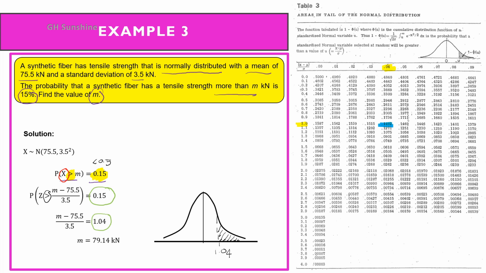So this is the shaded region. So from the normal table, 1.04, 1.0 and then 4. So this one, 0.1492 approximated to 0.15. Therefore, m equal to 79.14 kN is the correct answer.